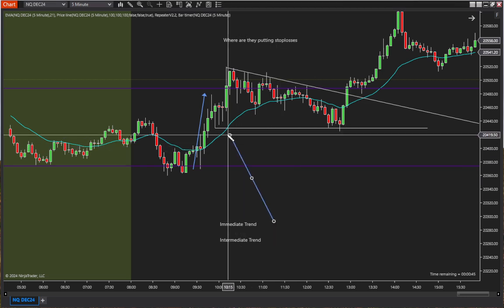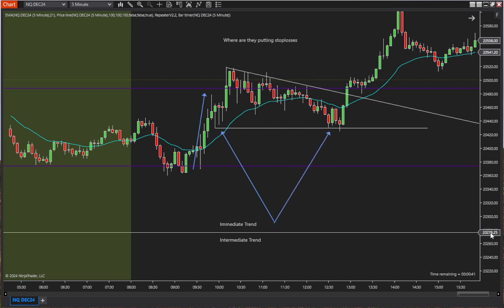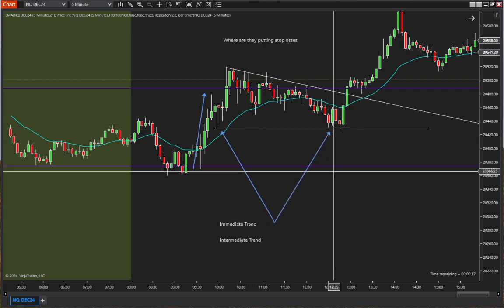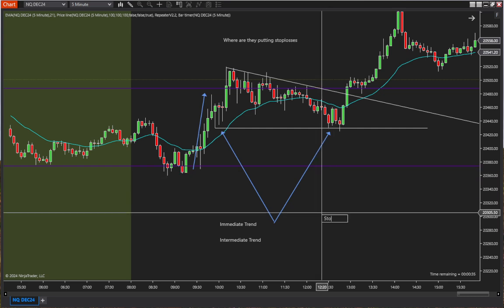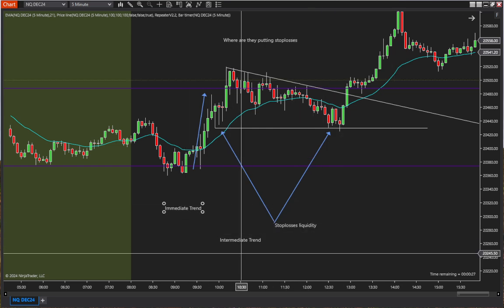Everybody is taught the same thing: put it below the most recent swing. That means there's going to be stop losses, liquidity, there.